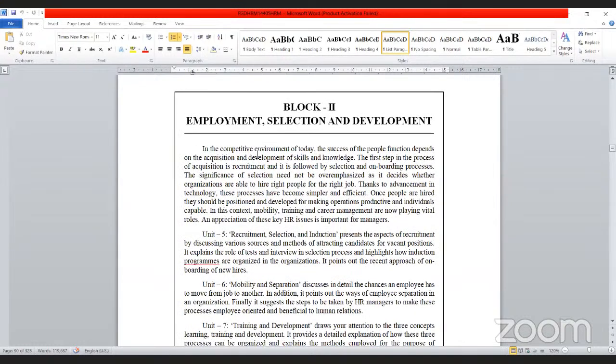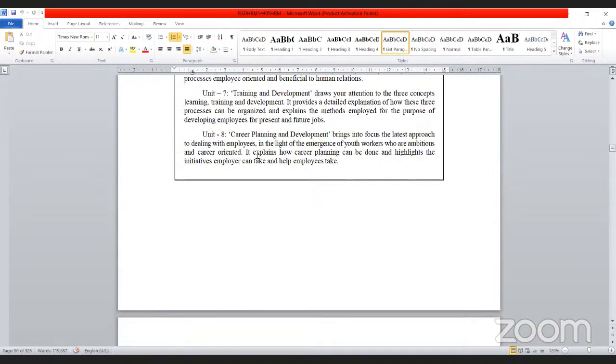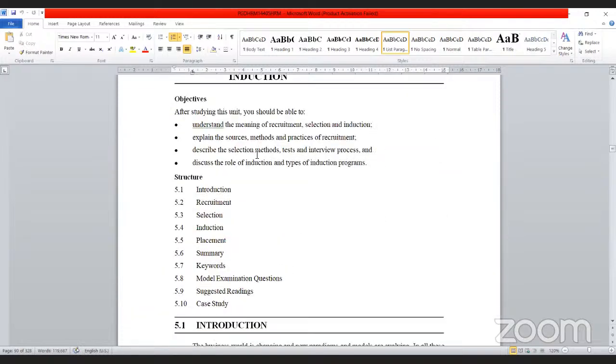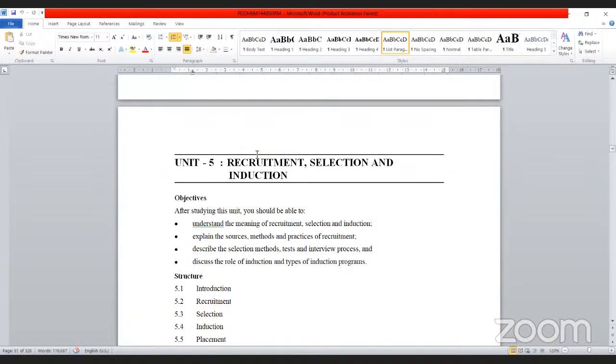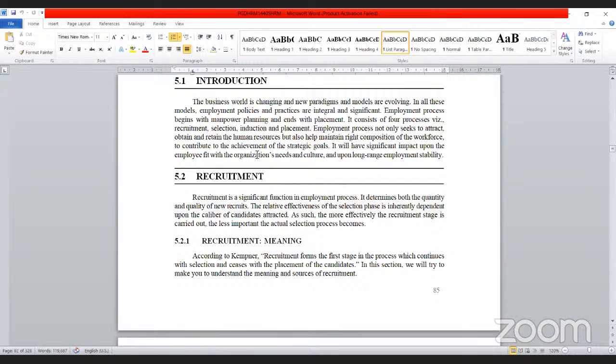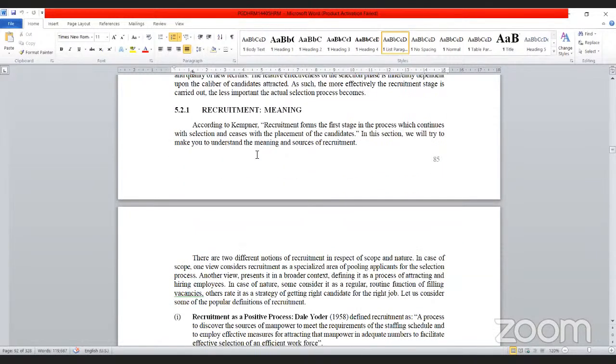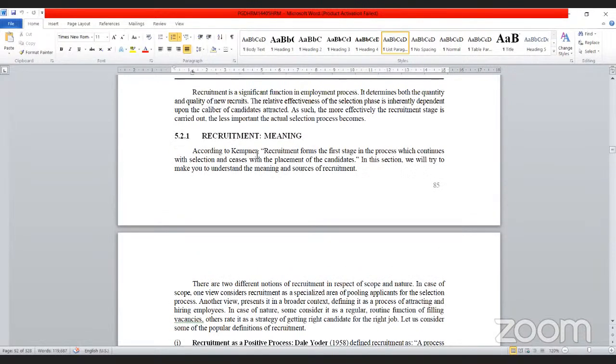Now let us understand employment selection and development: recruitment, selection and induction. This is one of the easiest and very interesting topics. Basically, what is recruitment? Recruitment is where you are understanding the employment process and recruiting the best of the candidates, selecting them.